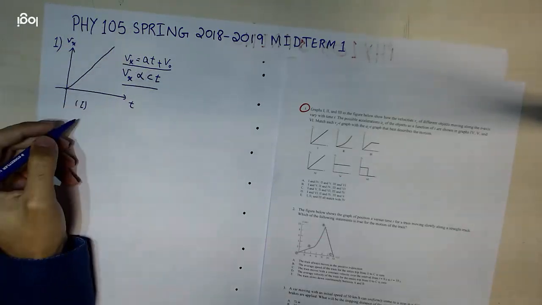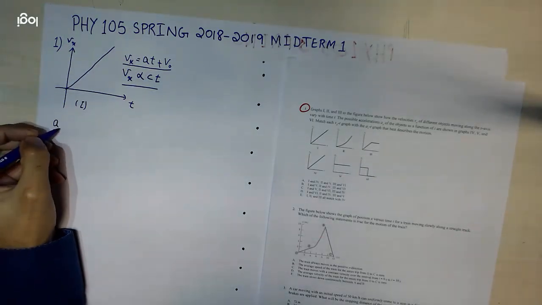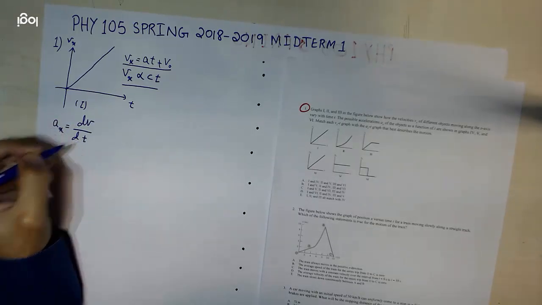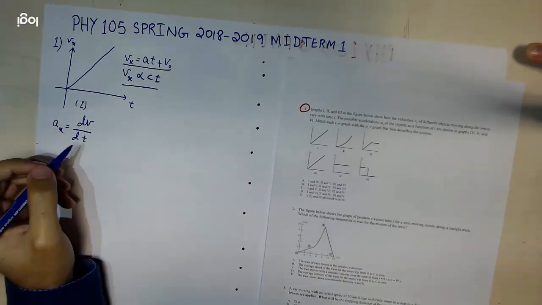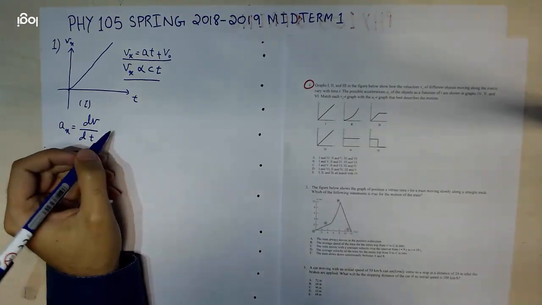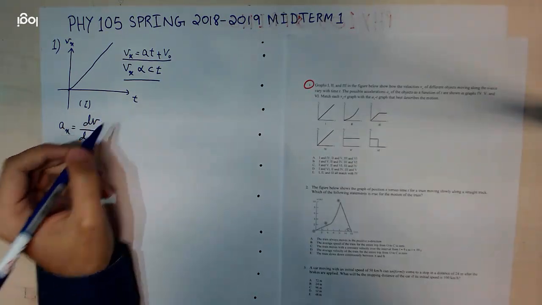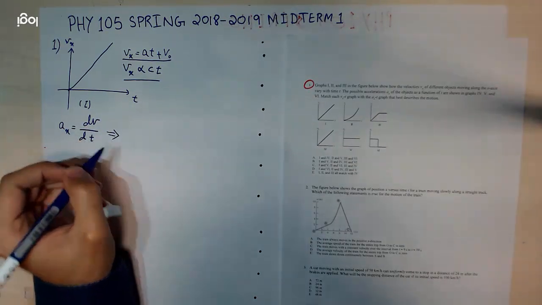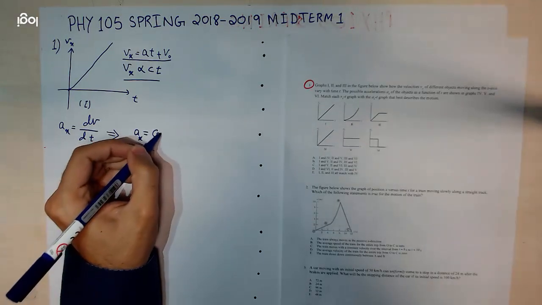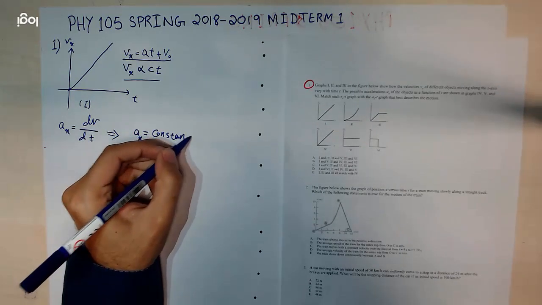And as we know, a_x is equal to the derivative of velocity with respect to time. Let's take the derivative of first order. So, a_x should be equal to a constant.